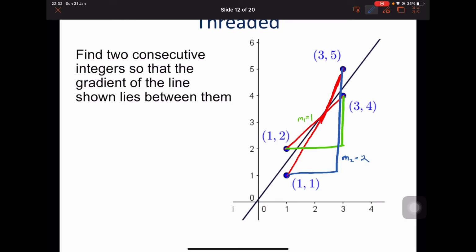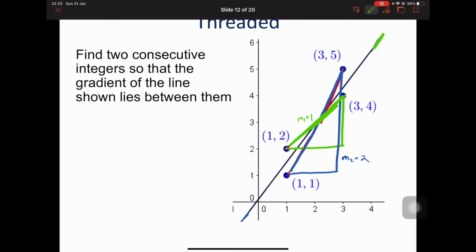Now the reason why I drew these two red lines is because this line here has to have a gradient which is smaller than 2, because obviously this line here is steeper than this line, but the gradient has to be higher than 1, because as you can see here, this line is not as steep as this line is.